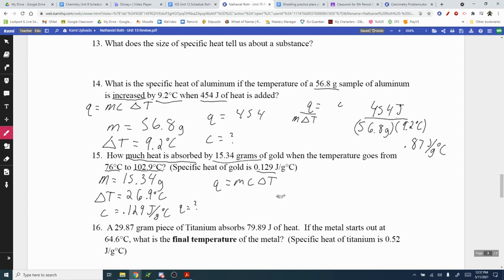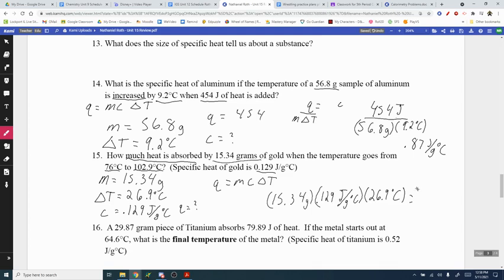So 15.34 grams times 0.129 joules per grams degrees Celsius times 26.9 degrees Celsius.